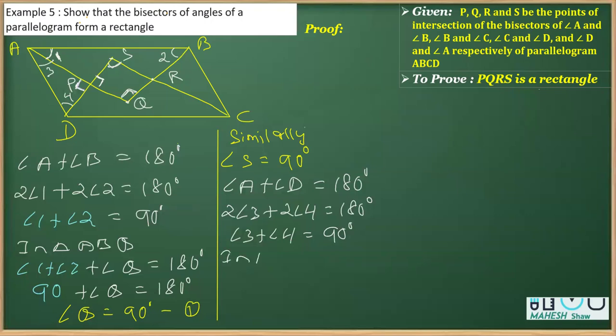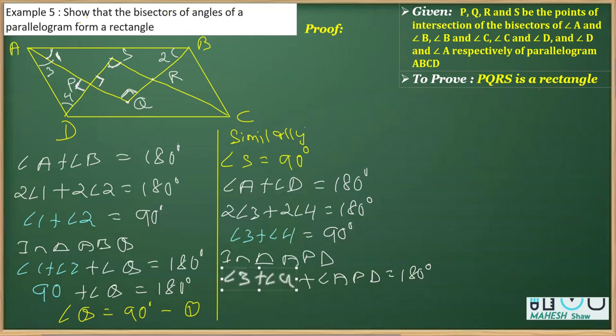Now, considering this triangle, that is triangle APD, we again can say that angle 3 plus angle 4 plus this angle, that is APD, is equal to 180 degrees by the angle sum property. Like the previous way, here also angle 3 plus 4 can be replaced with its value, that is 90 degrees.